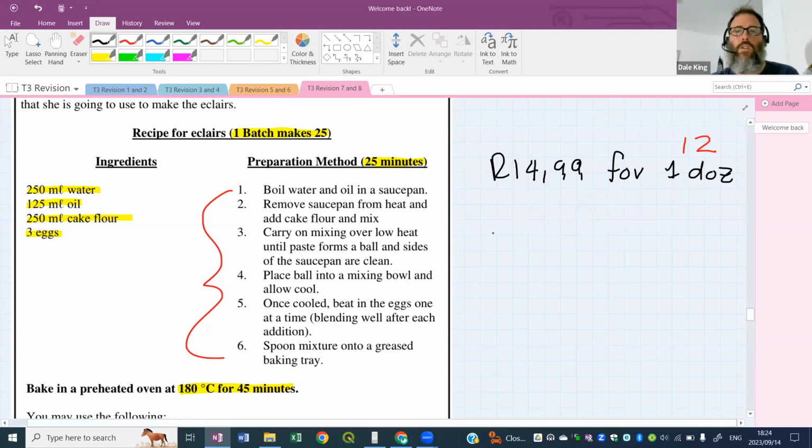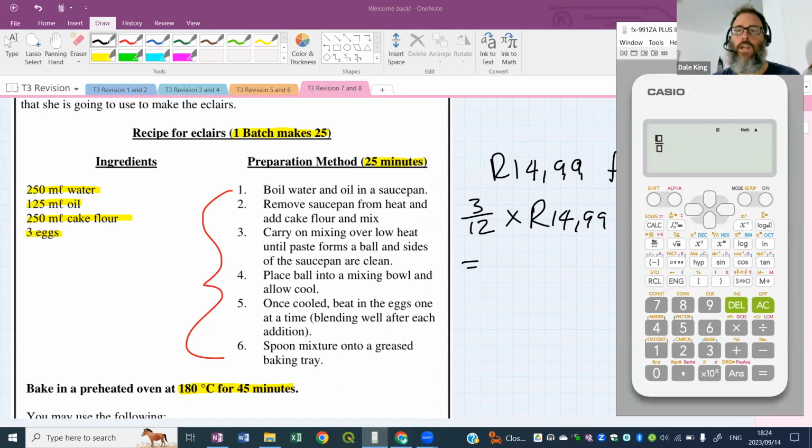So let's say, how many 3s are there in 12? 3 out of 12 is actually a quarter, if you didn't know. So this is a quarter of the dozen, so I want a quarter of my $14.99.